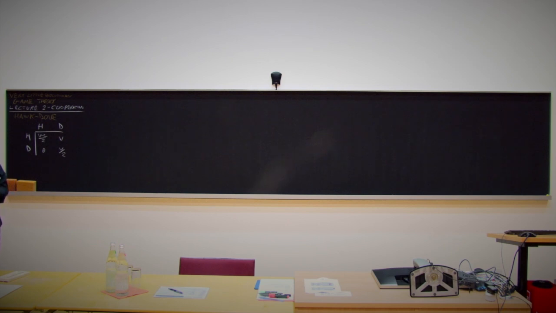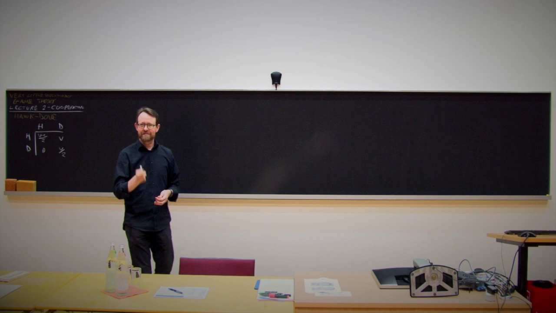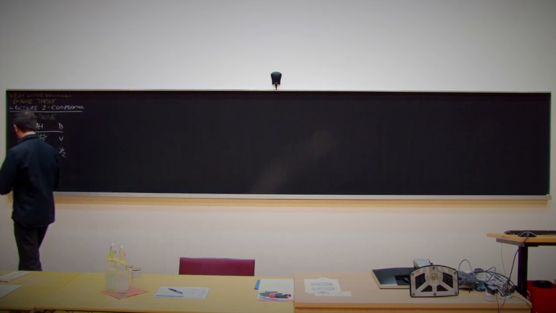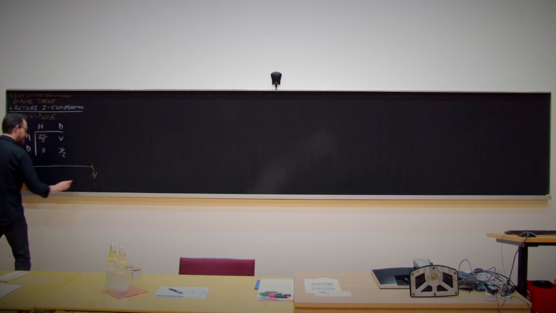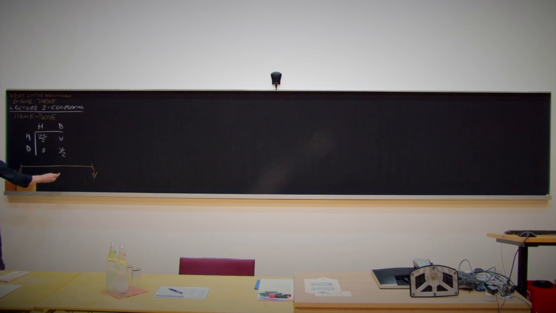I'll say that again. The consequence of that is that it leads inevitably to an evolutionary dynamic of hawk increasing in frequency. Remember the evolutionary dynamics. We have hawks over there, doves over here. Doves are never stable.